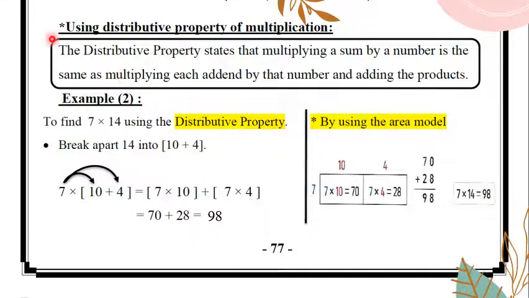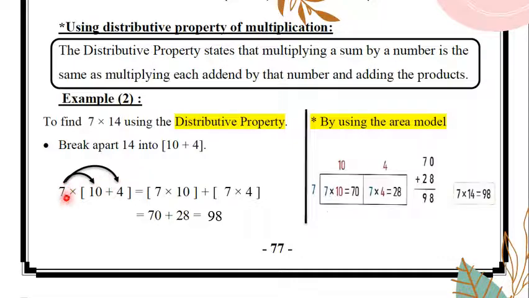Let's talk about using distributive property of multiplying. The distributive property states that multiplying a sum by a number is the same as multiplying each addend by that number and adding the products. Let's see here in the first example. To find 7 times 14 by using the distributive property, first, break apart 14 into 10 plus 4.